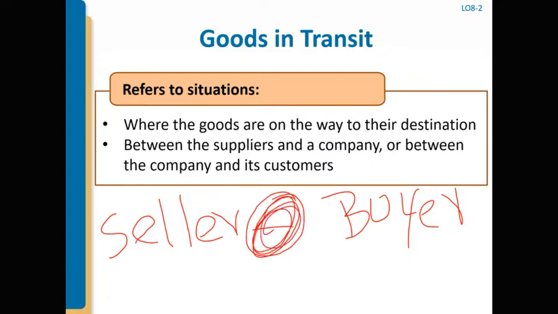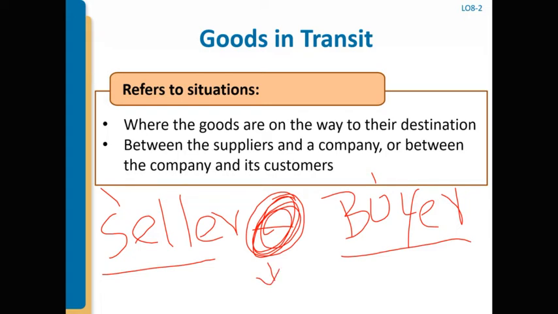Now the question is, who is the owner of these goods? Meaning these goods will be included in which inventory, the seller's inventory or the buyer's inventory. It actually depends on the terms, meaning free on board terms.